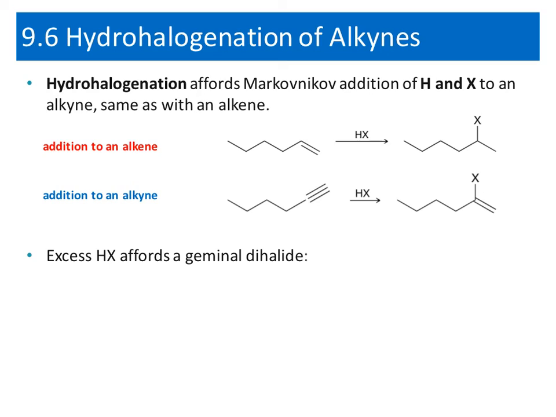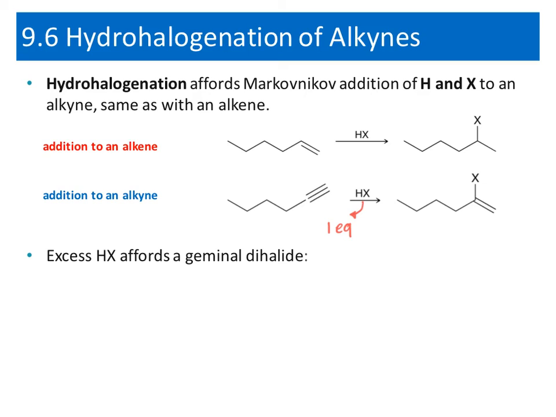Now in the exact same process, if you are using only one equivalent of the reagent, hydrogen will be added to the less substituted position and halogen will be added to the more substituted position.